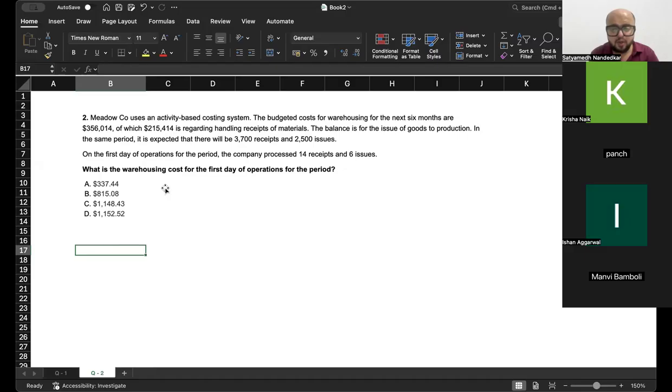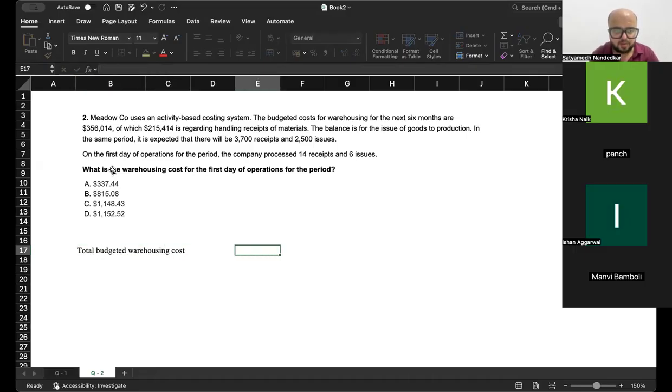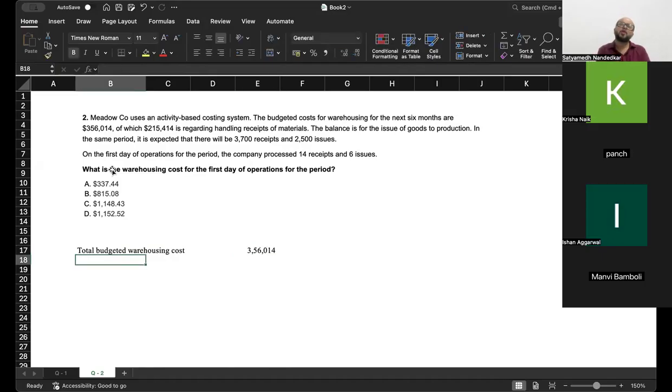Total budgeted warehousing cost is how much? 356,014. When you don't know how to deal with a question, it seems overwhelming. Whatever is written in statement form, try to convert it into number form. And that will help you understand, and the mystery will start getting resolved.